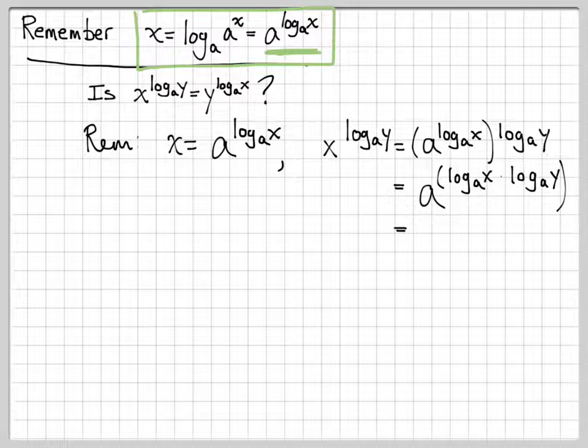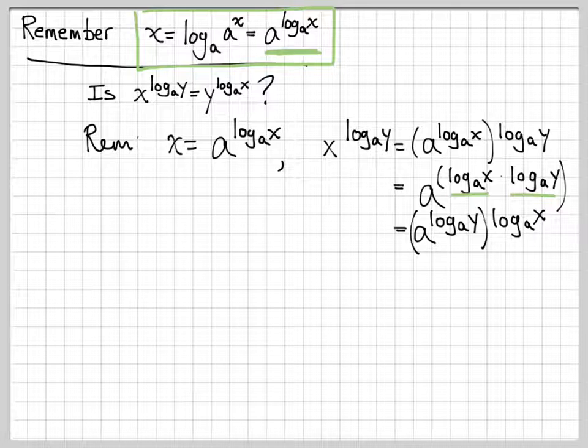Now, whenever you multiply two things, the order doesn't matter. You probably remember that multiplication is commutative, so this is a to the log a of y times log a of x, which you can put parentheses here, is a to the log a of y times log a of x.